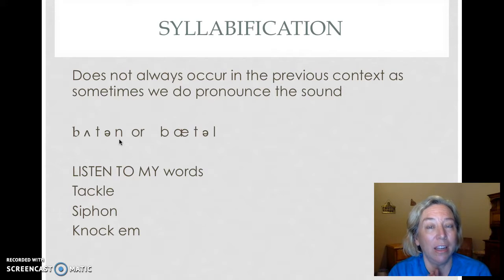And hopefully you felt or you perceived that it was produced with a syllabification. In this case, I'm going to try to actually produce the vowel. Knock 'em out.